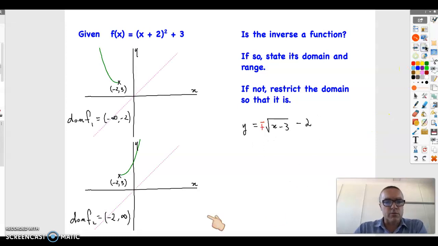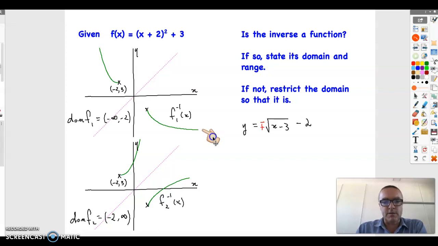We can see which rule is applicable with each of those functions by looking at the graph. And this highlights that graphs are really important when we're thinking about functions and their inverses. So we've got the diagonal line. Let's reflect each of those functions in that diagonal line. So the inverse of the function number 1 is a square root function, but you can see we've got this reflection in the x-axis.